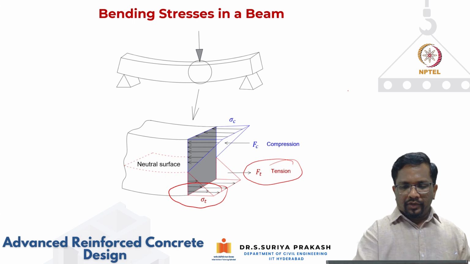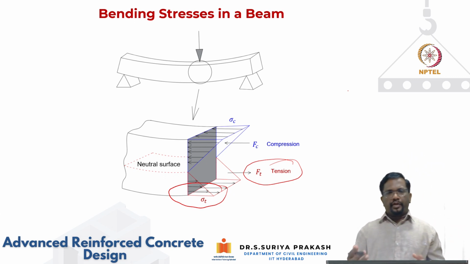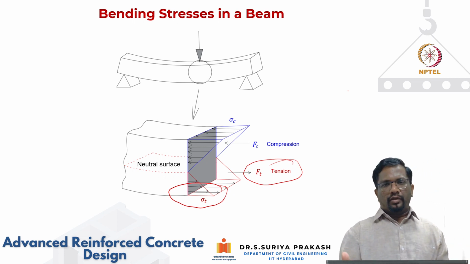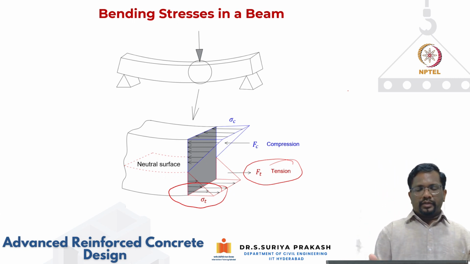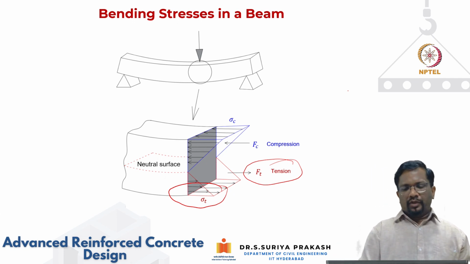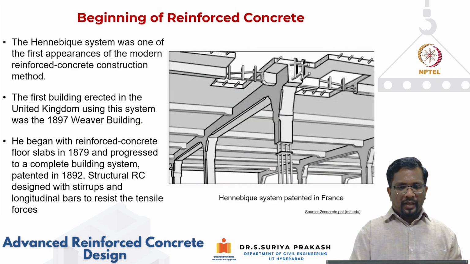So if you're taking 40 megapascal concrete, then you're going to have about 3 to 4 megapascal of tensile strength. So as soon as it reaches its tensile strength, it is going to crack in tension.